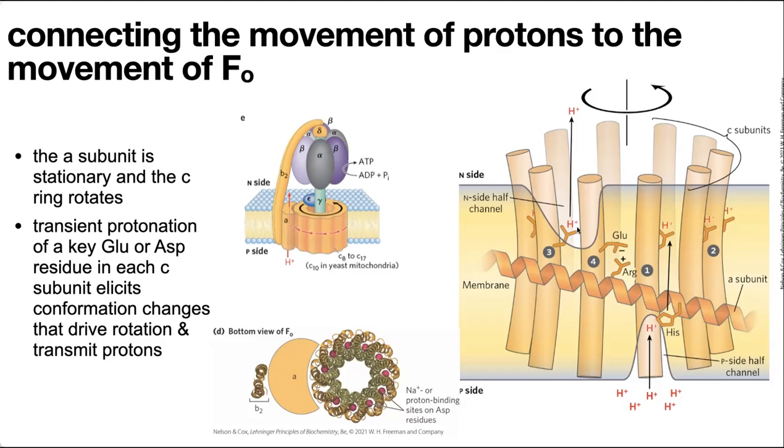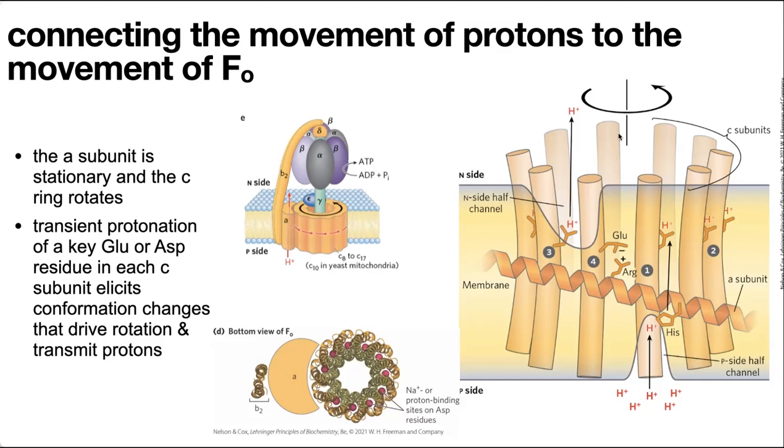This is going to drive the movement of this ring. So you get protonation, which causes a conformational change. The conformational change is going to move the position of that key residue into the half channel where it can actually sense the environment in the matrix. When it senses the environment in the matrix, it's going to release the proton.